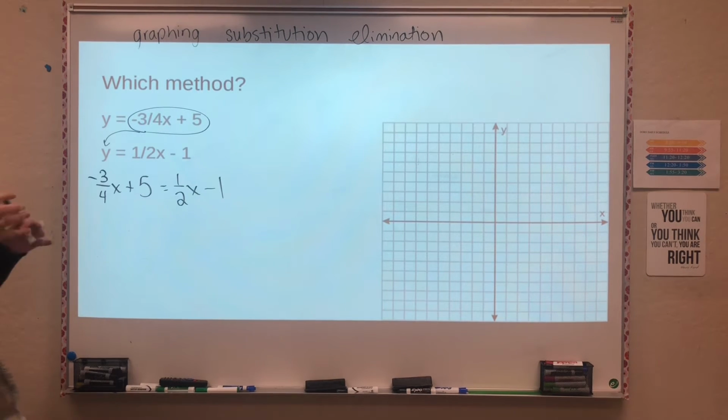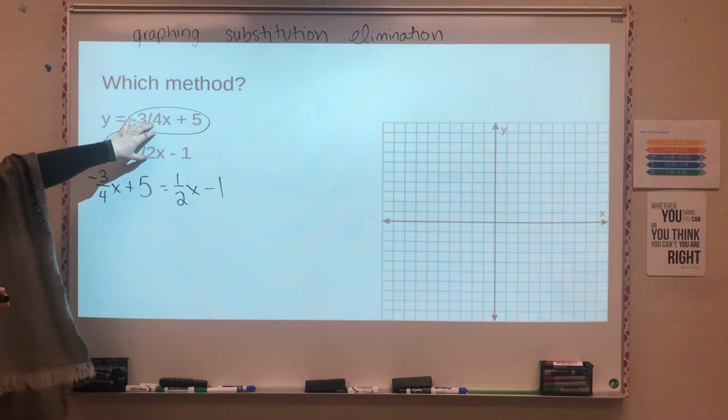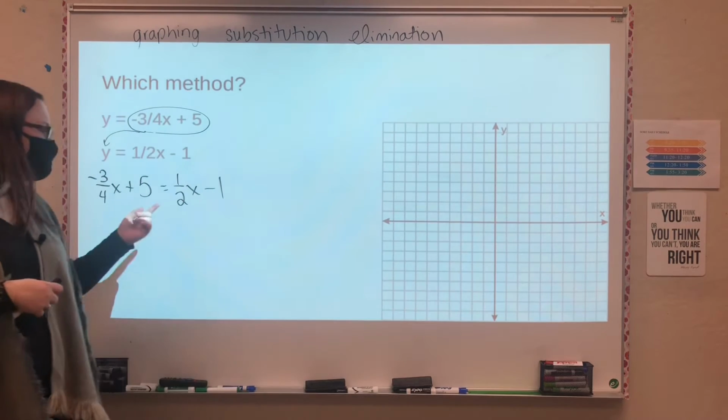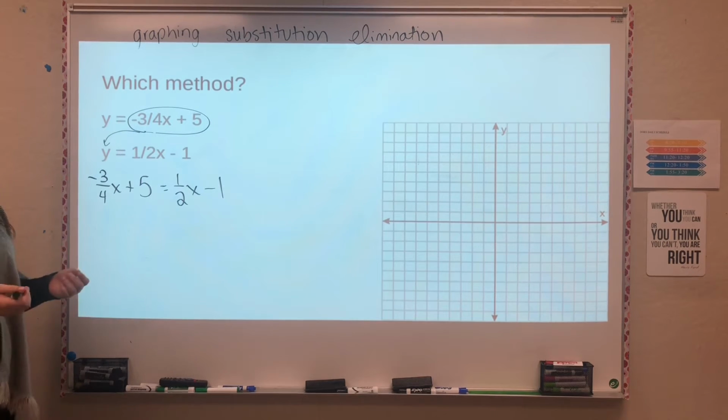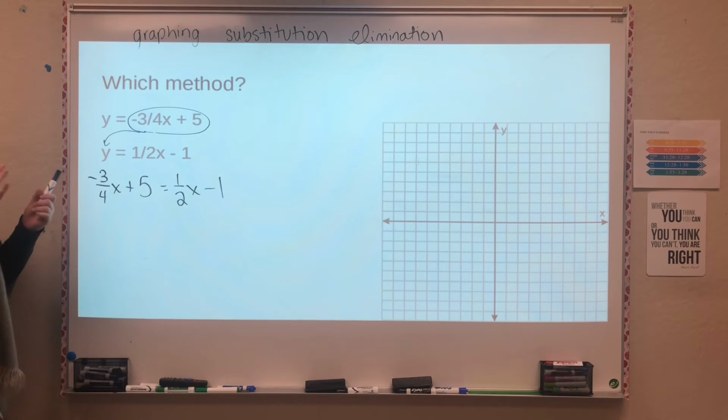So that combination of what we've noticed, they're both in slope-intercept form, and when there's fractions, graphing is no big deal. Solving, it's no big deal, but I don't think this is anyone's ideal thing to do, even a math teacher.